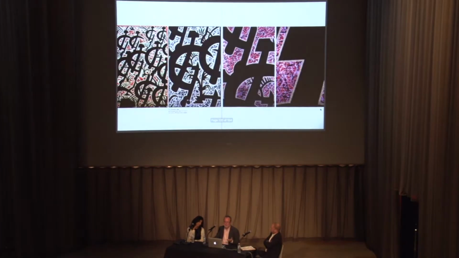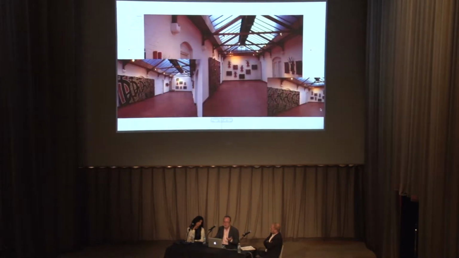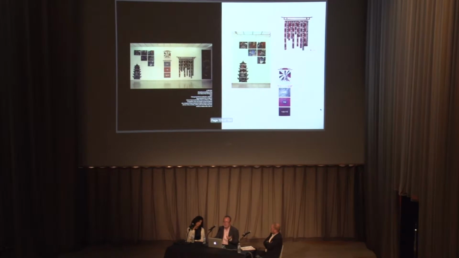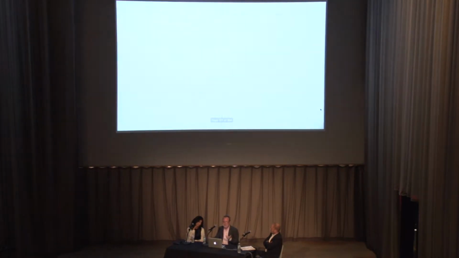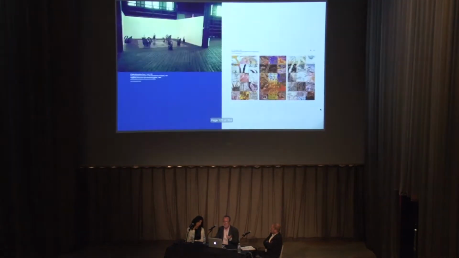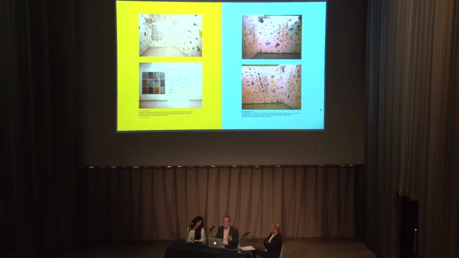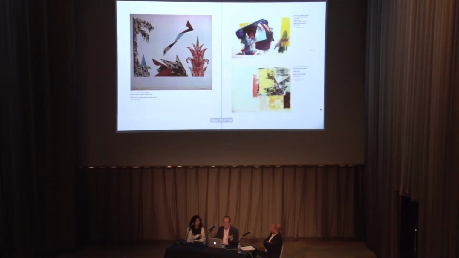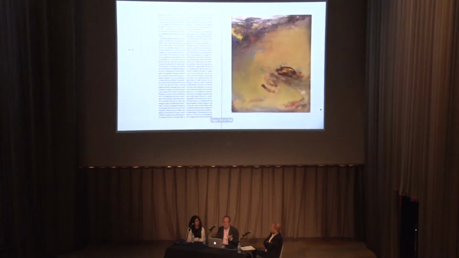Well, my work, if you see the book and what you are seeing now, looks like the work of many artists, because in fact I challenge the idea of a style, and my many interests during these years of working.